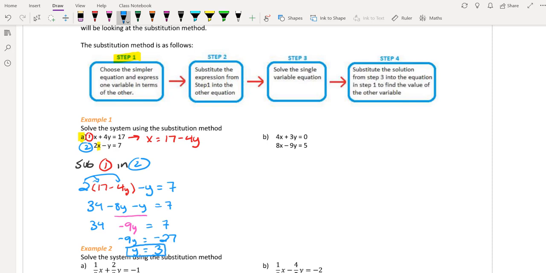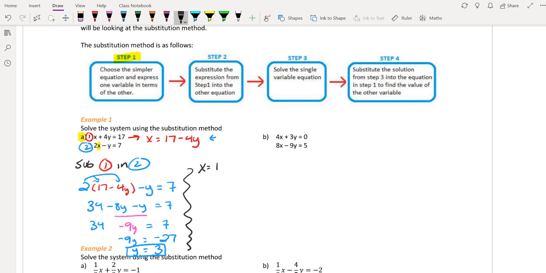So now we have our y value. We need to find our x value. So we take our y value that we have and we plug it back into equation 1 or 2 and we solve for x. Now, this manipulated equation over here, it's already x equal to something. So we can just stick the value of y in there and get our x value out.